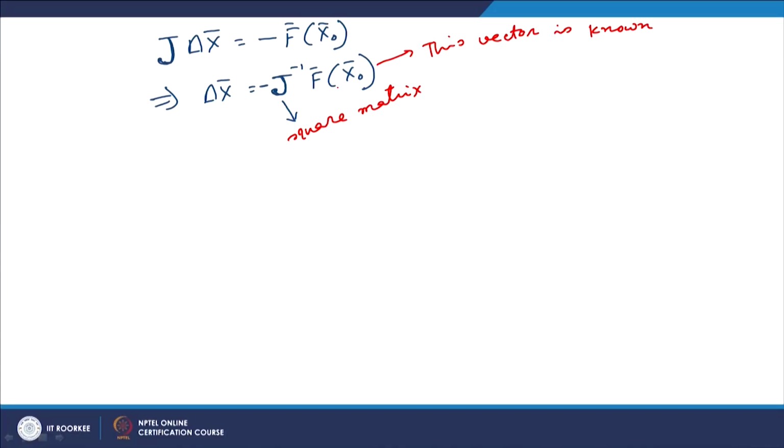Now, for this numerical analysis, remember this vector is known because we have evaluated each and every function f1, f2, up to fn with this vector x naught, and calculated their values.